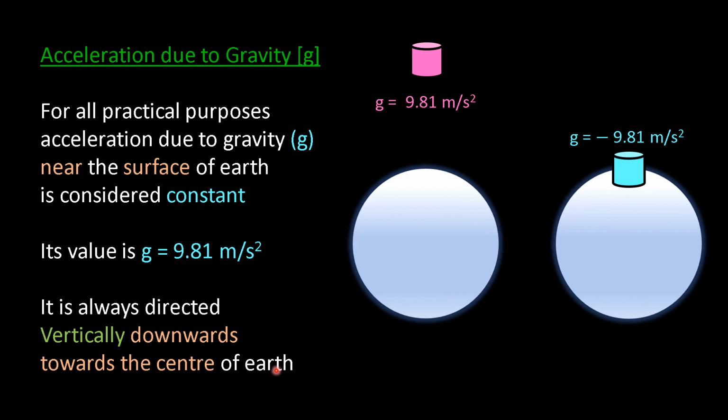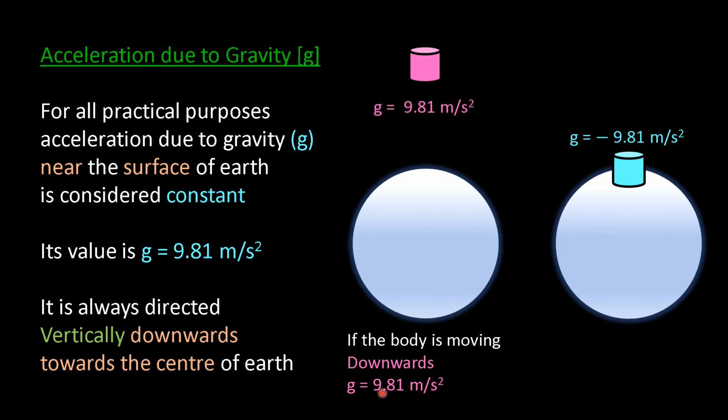Depending upon how the body moves, a convention is followed. If the body is moving vertically downwards, then the value of g is considered positive. So for this free fall, the value of g will be plus 9.81 meter per second square.